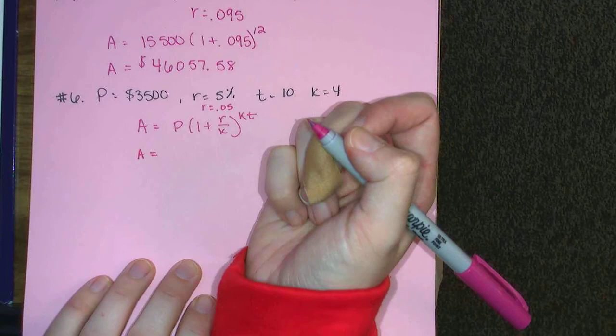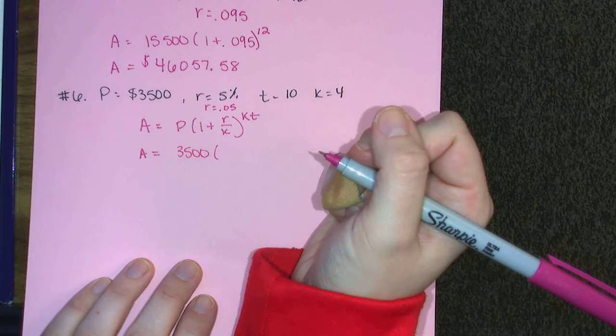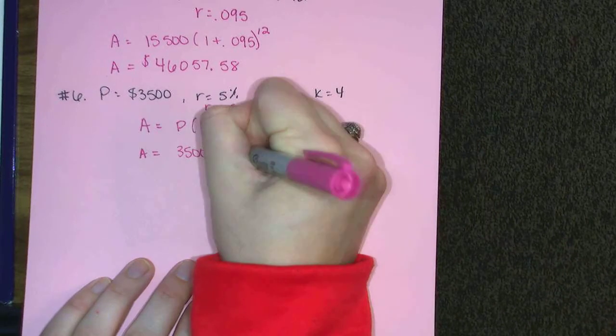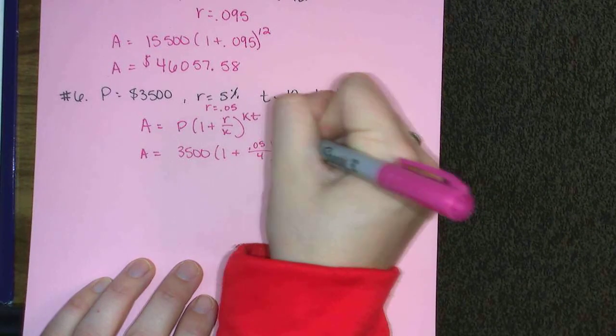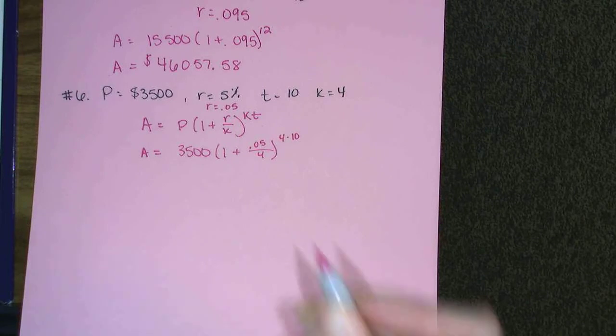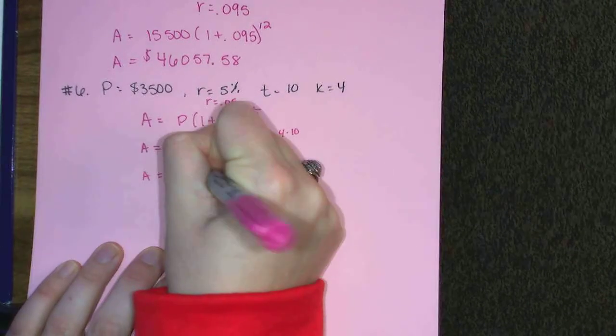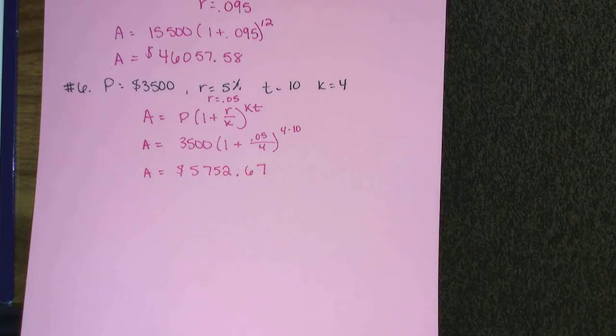So A equals 3,500 times 1 plus 0.05 over 4, raised to the 4 times 10. So that comes out to be $5,752.67. All right.